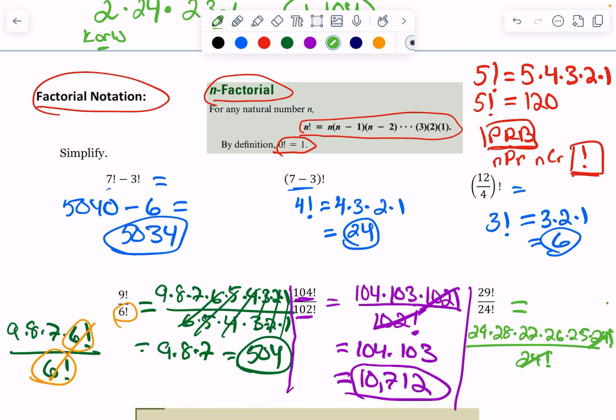So these cancel each other out. Then when we do that multiplication, we get 14,250,600. That's a large number as well.